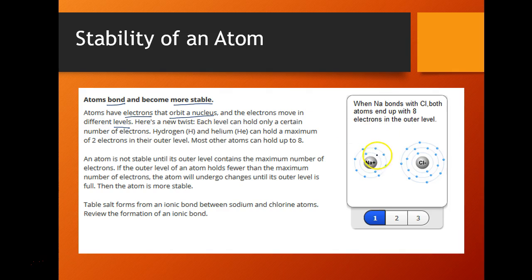So for example, you see there's an inner level right here, and there's an outer level right here that surrounds this sodium atom. Here's a new twist though. Each level can only hold a certain number of electrons. The first level can only hold 2 electrons. Most other atoms can hold up to 8 electrons in their outer levels.